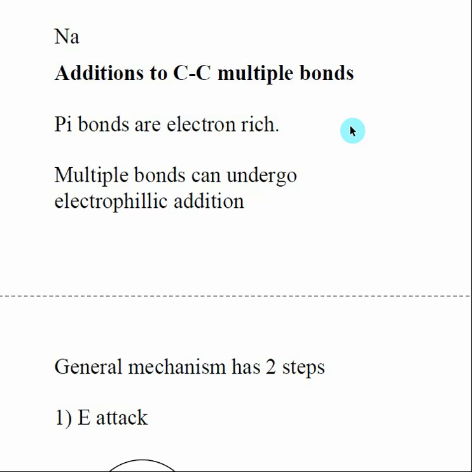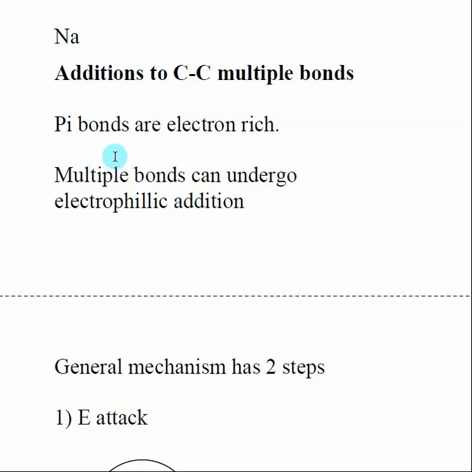So we're going to see this repeated as we go on through organic chemistry. We're going to pull up a functional group. We might talk about the nomenclature, and then we might say, well, how do I make these functional groups? And then mostly what we're going to be looking at is what's the reactivity of these functional groups and what kind of reactions can we do. So the next thing we're going to talk about is the additions to multiple bonds. So remember a double bond or a triple bond.